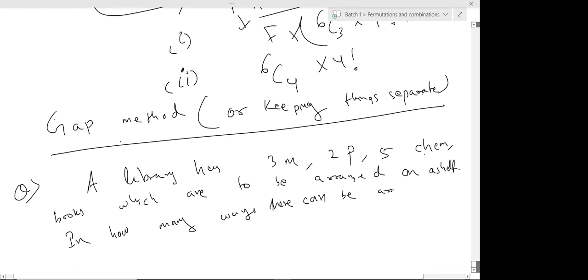These can be arranged so that mathematics books are separate.